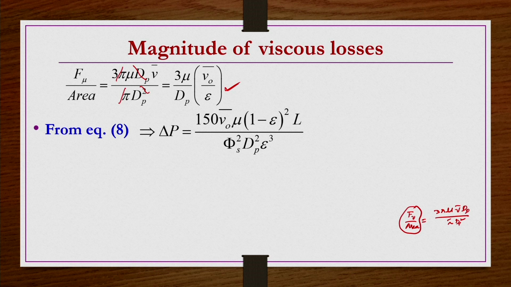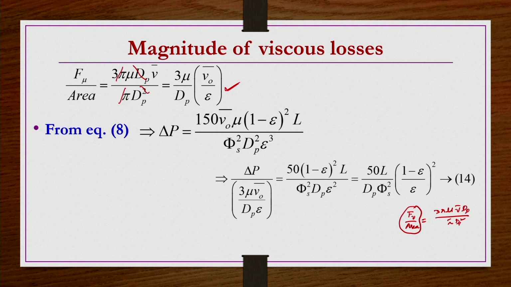Now if you divide both sides of this equation by 3 mu v naught bar by dp epsilon, then you will get this particular term. This indicates the magnitude of viscous losses for one layer of particles, okay.